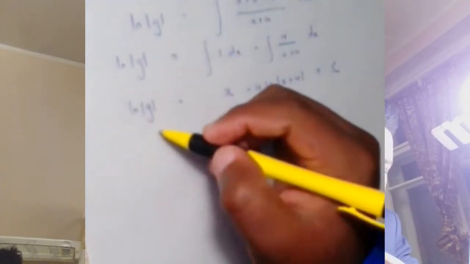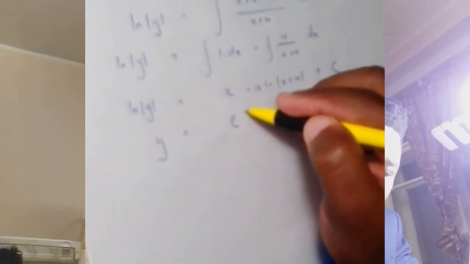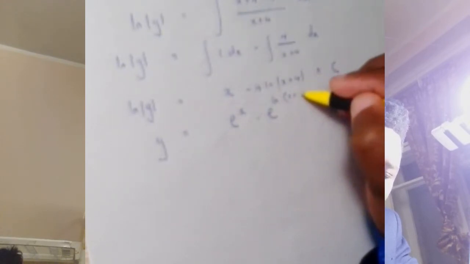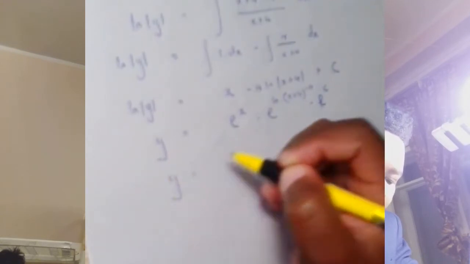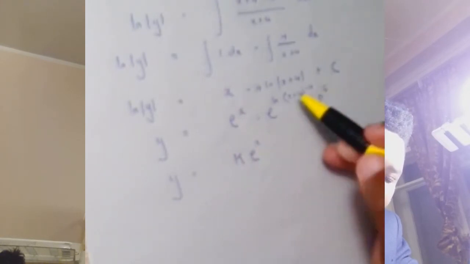Taking exponents of both sides, I'll be left with y is equal to exponent of x multiplied by exponent of ln, then I'll have (x + 4) to the power negative 4, multiplied by exponent of c, but this one is a constant, so we have y is equal to our constant k exponent of x.